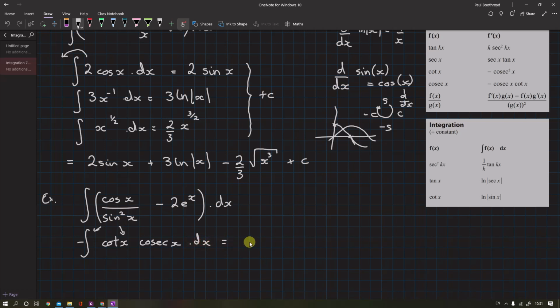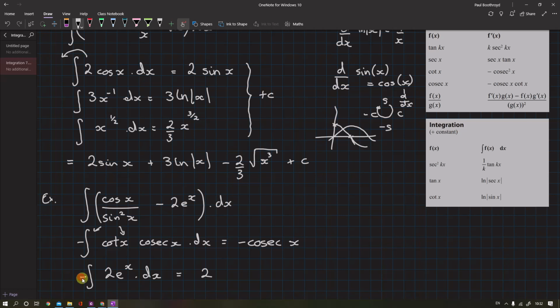And that is going to give me minus cosec of x. So we've expanded that one out. The second part, we've got a 2e to the x, and by definition, e to the x always goes to being e to the x. So we're going to get a 2 from the multiplication.